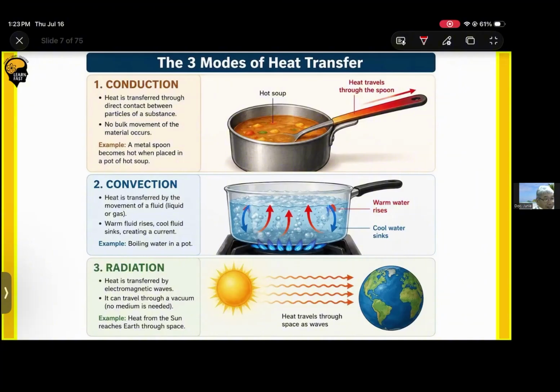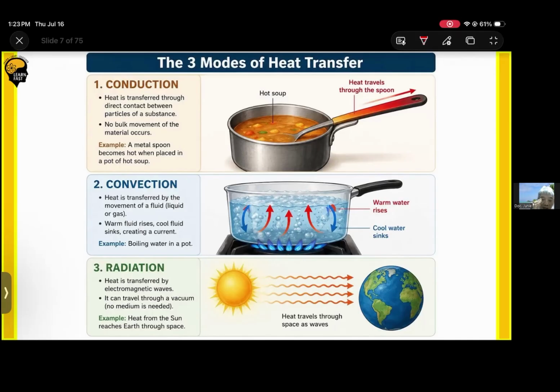The transfer of heat there is conduction because there is a direct heat transfer between the particles of the hot substance, which is the hot soup. There will be no movement of the hot soup to the handle. So a metal spoon becomes hot when placed in a pot of hot soup. The transfer of heat is by conduction.